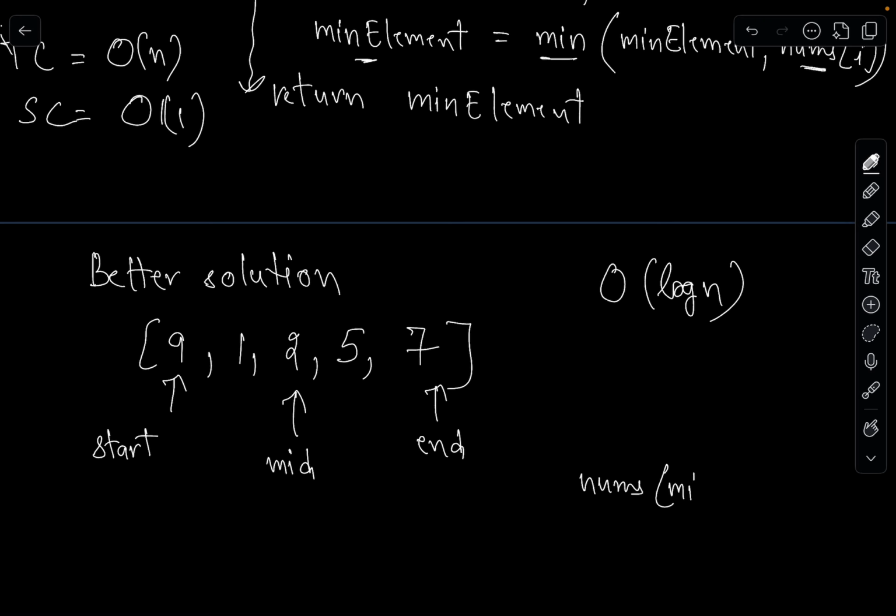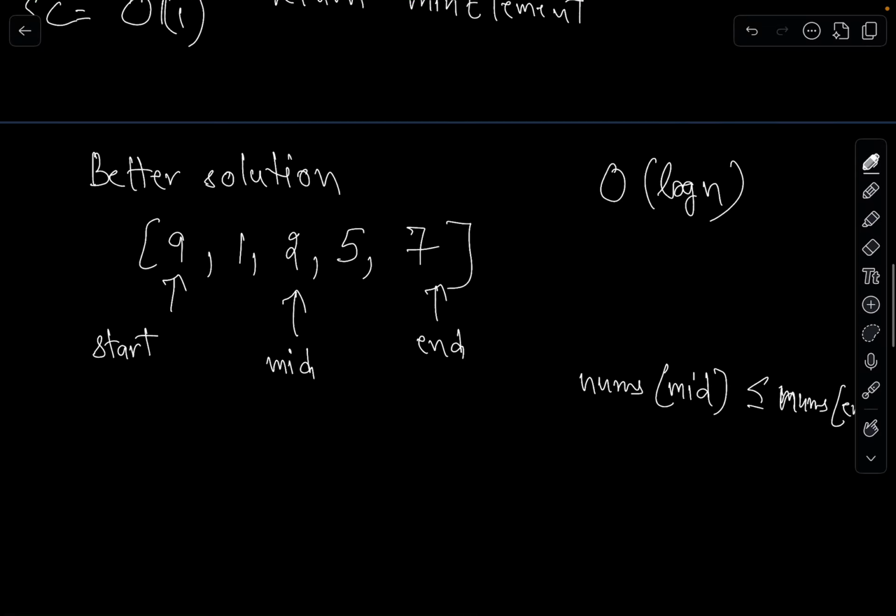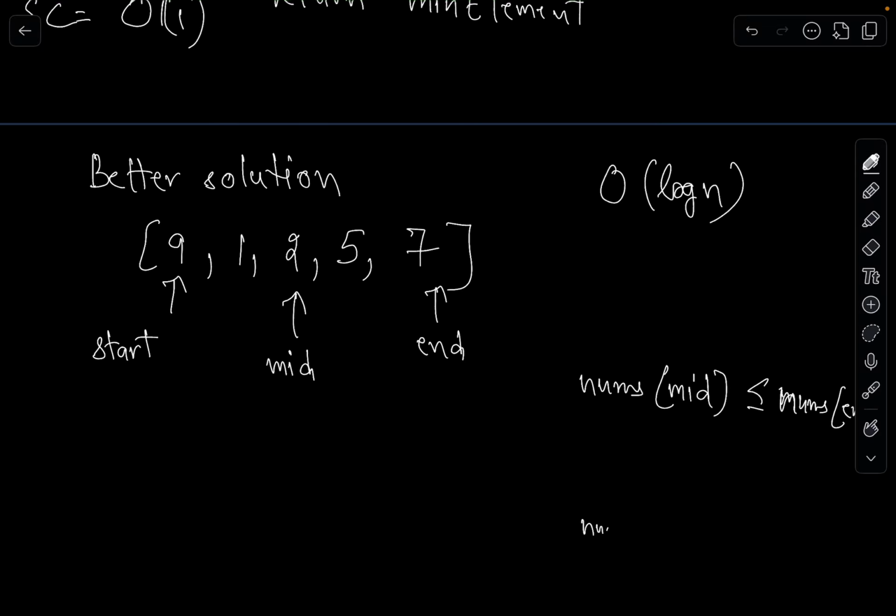So there will be two cases: either nums[mid] will be less than or equal to nums[end], or nums[mid] would be greater than it. These will be the two cases given to us.